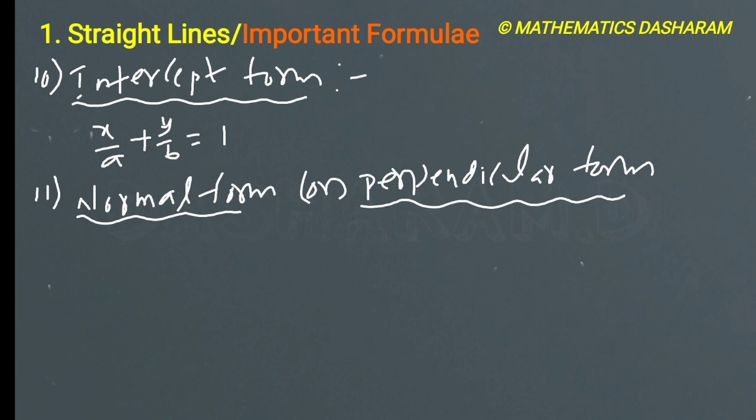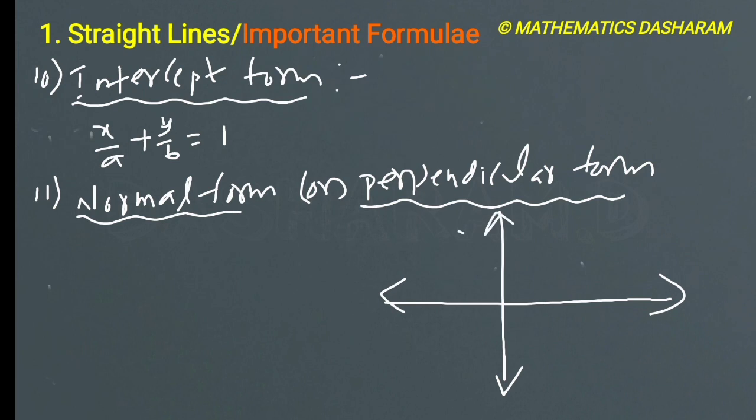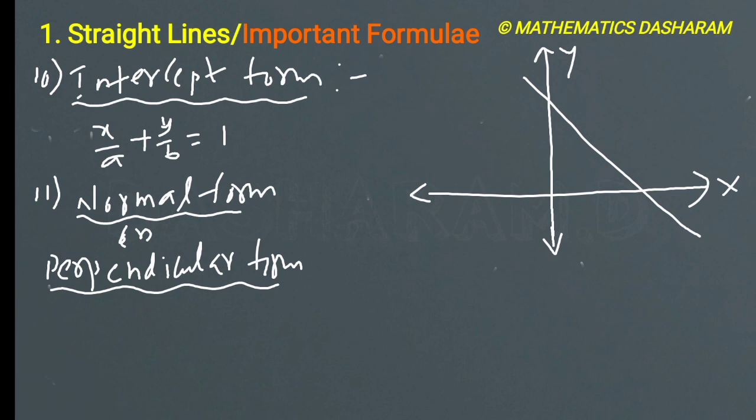First I will draw a diagram related to this. So x-axis, y-axis, and here is our line. First we have to draw a line. The distance of the line from the origin is called p, so here it will be 90 degrees, and it is denoted with a small p.